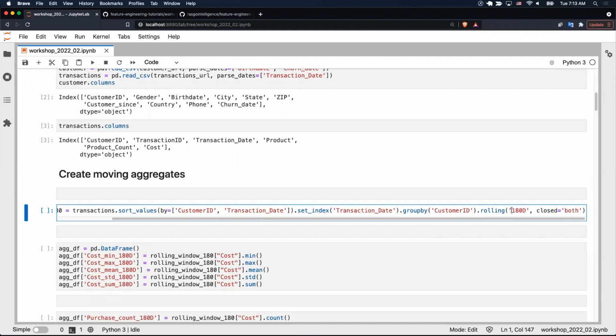You can tell rolling to calculate this on 180 days by telling it what the date column is. Alternatively, I could say 180, and rolling would simply look back at the last 180 observations, ignoring the date.